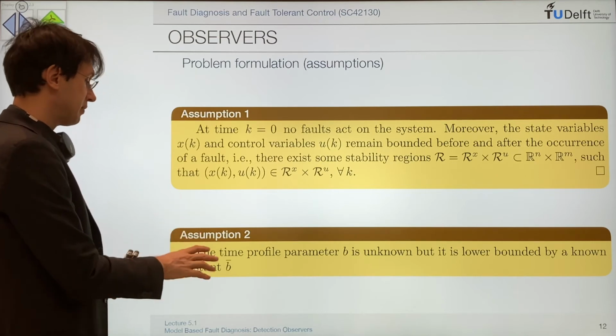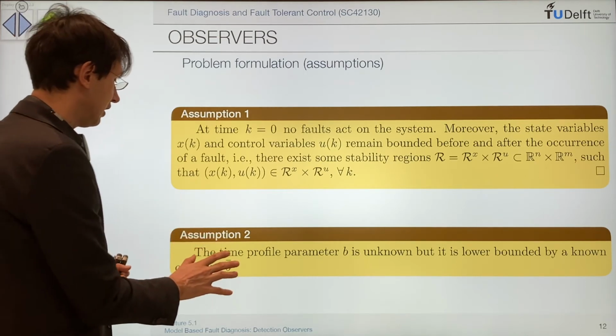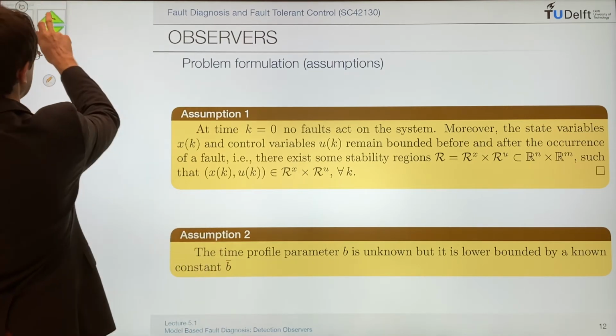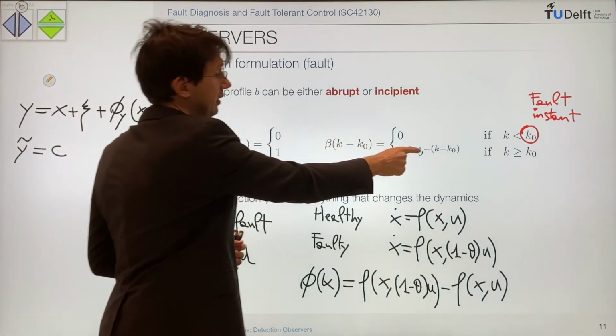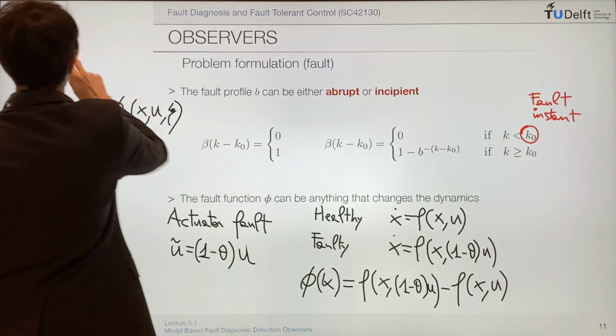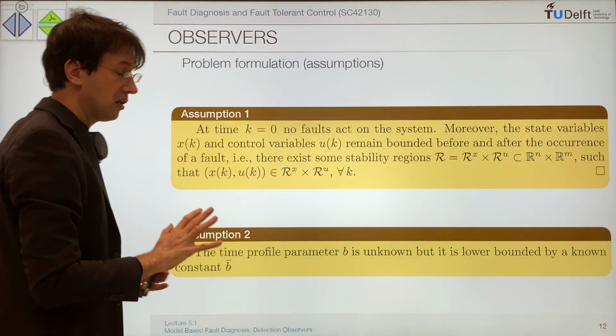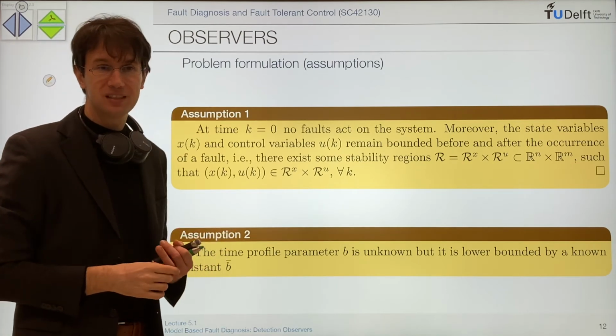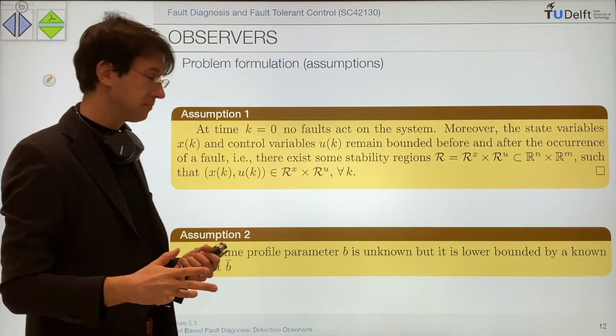And then we need some assumption of the fact that the time profile parameter B, the one occurring here, is unknown, but it is bounded. So it cannot be anything.